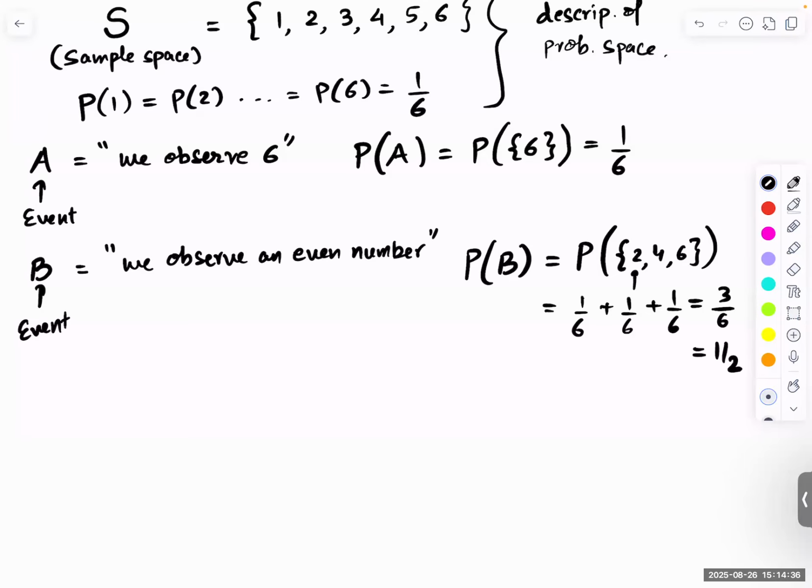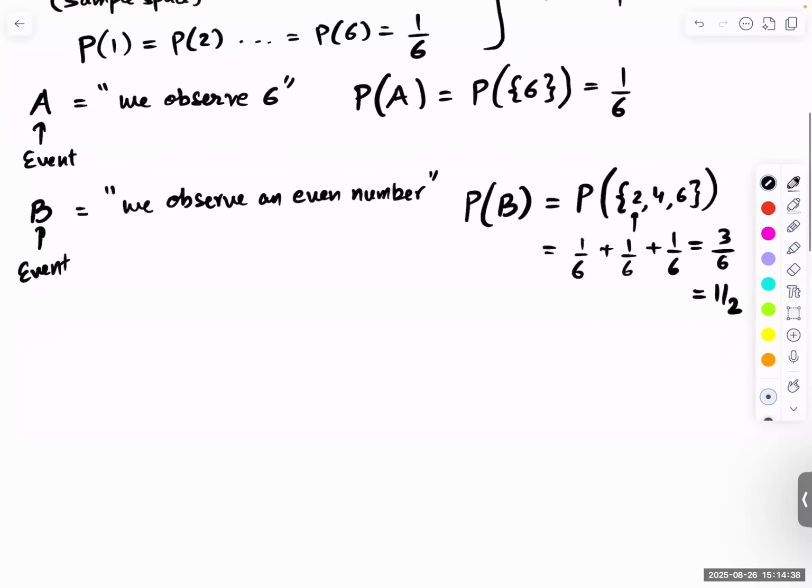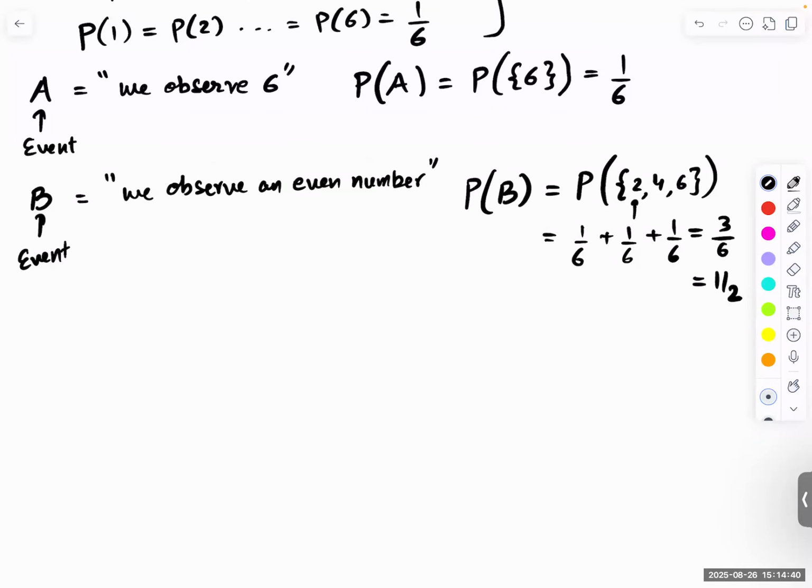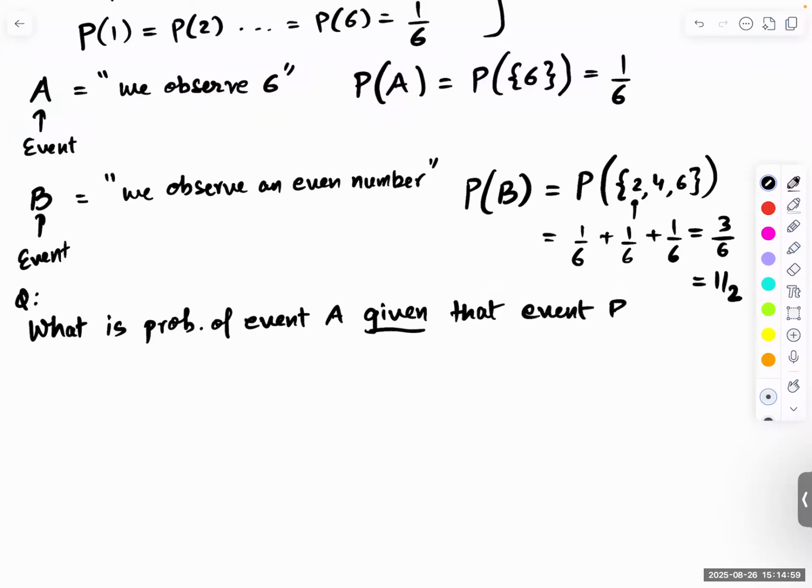Now, conditional probability asks the following question: what is the probability of event A given that event B has occurred?